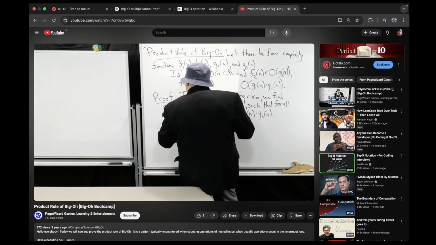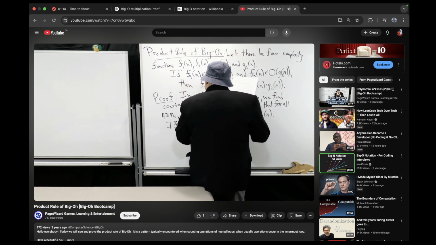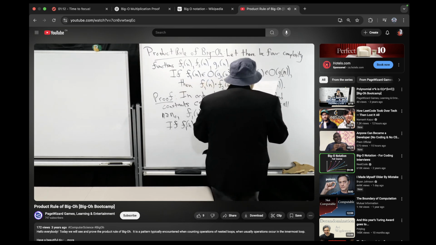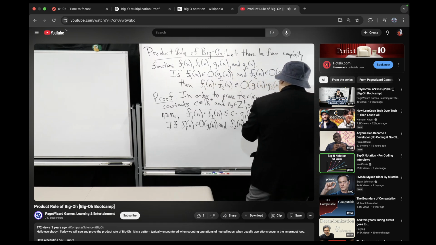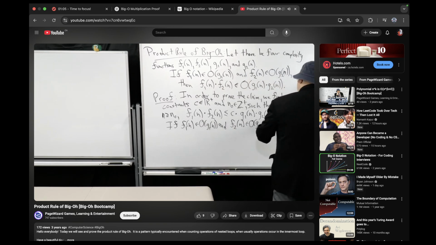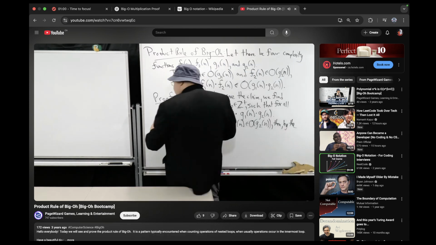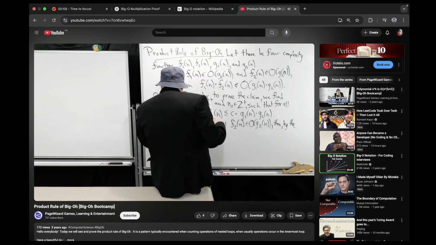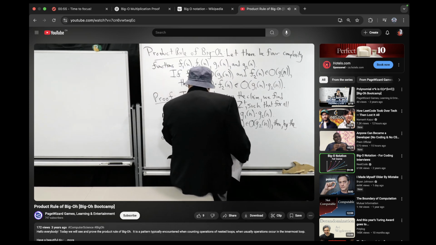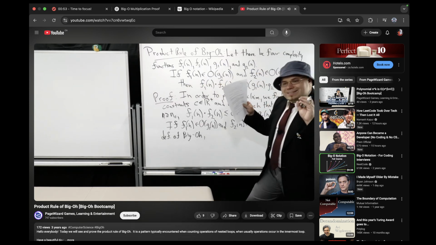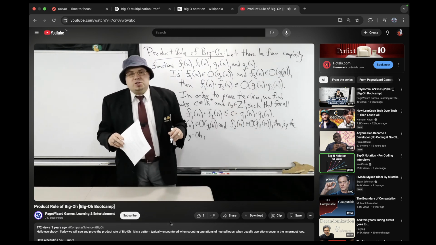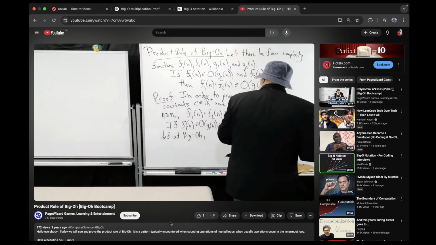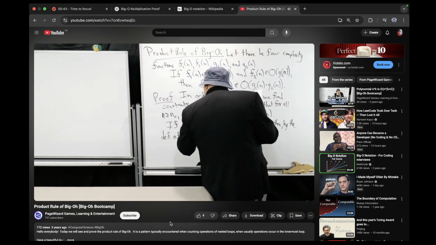If F1 is big O of G1 and F2 is big O of G2, then by the definition of big O, what can we say from the definition of big O? That there exist constants for each one of these two statements. These two I've just stated right here. There are constants that exist. So I'm going to list those out such that certain inequalities hold, right?